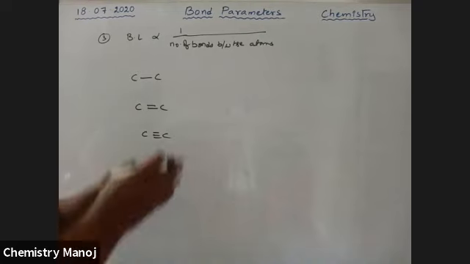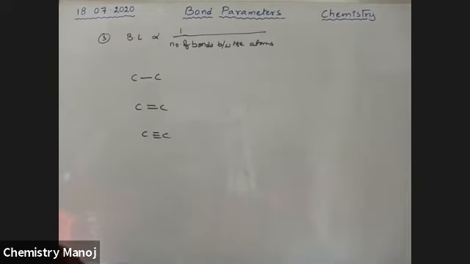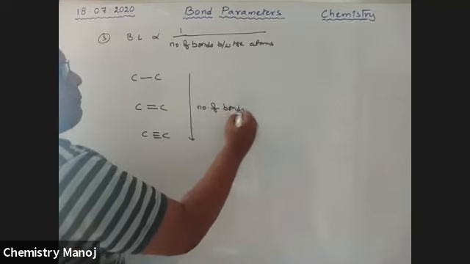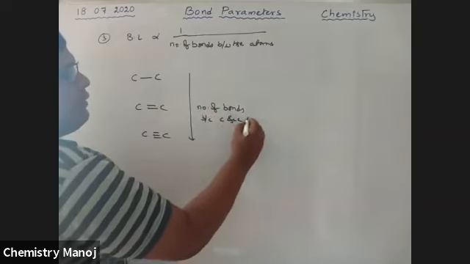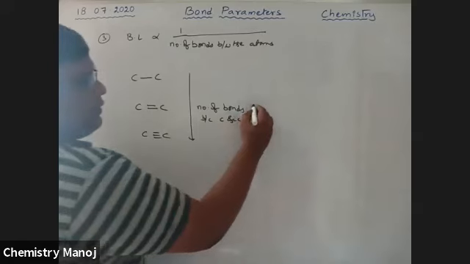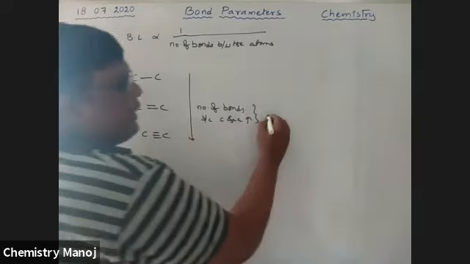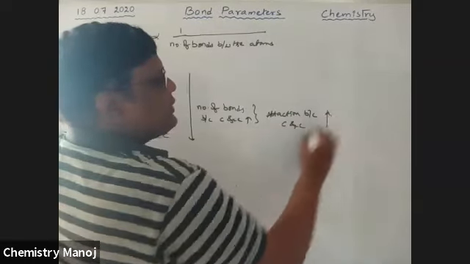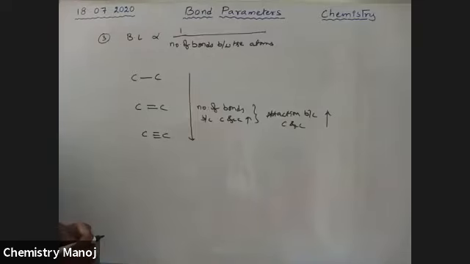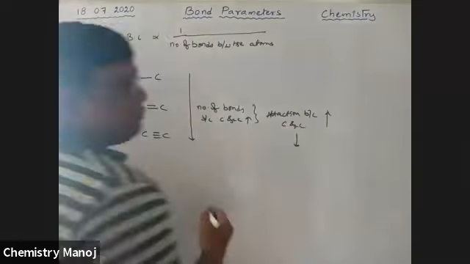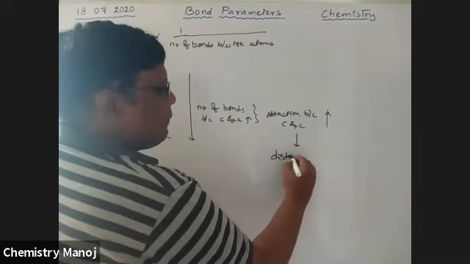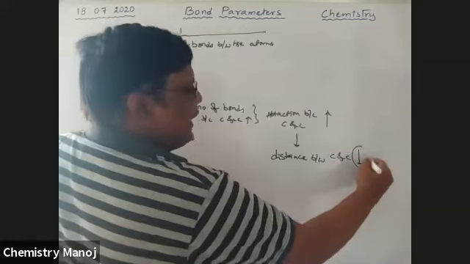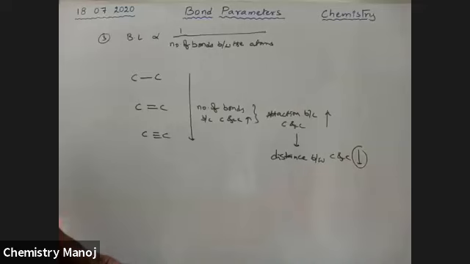As attraction increases, distance between C and C decreases, because the atoms are closer to each other.